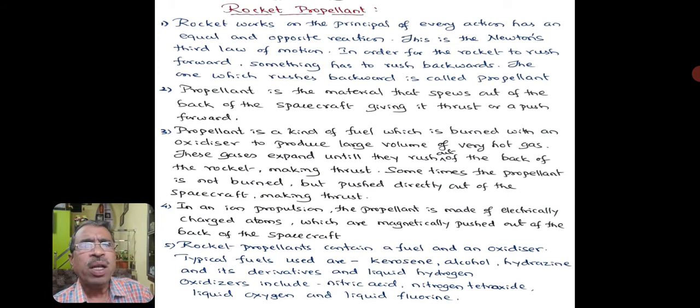In ion propulsion, the propellant is made up of electrically charged atoms which are magnetically pushed out of the back of the spacecraft. Rocket propellants contain a fuel and an oxidizer.